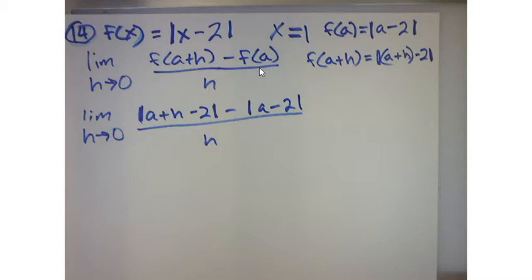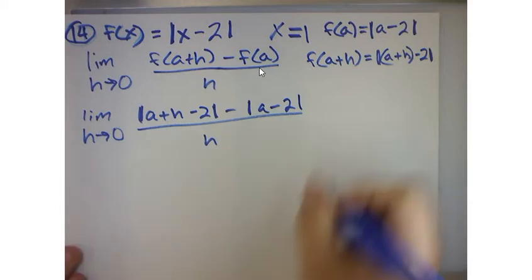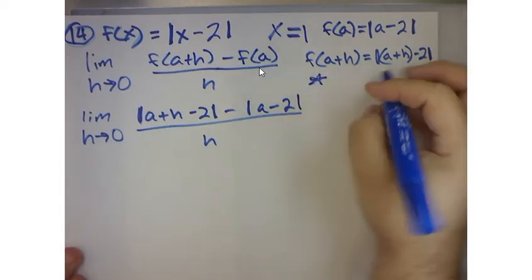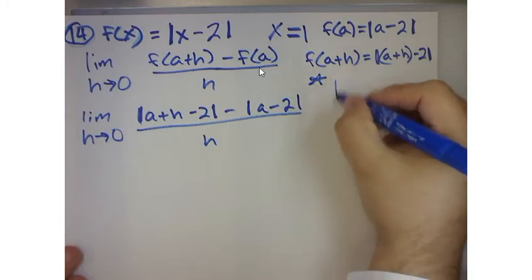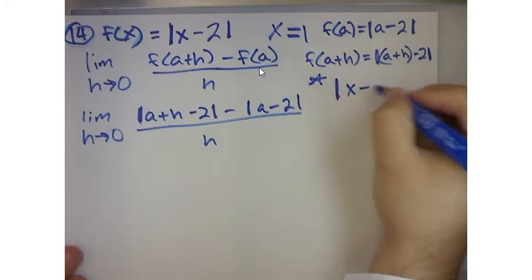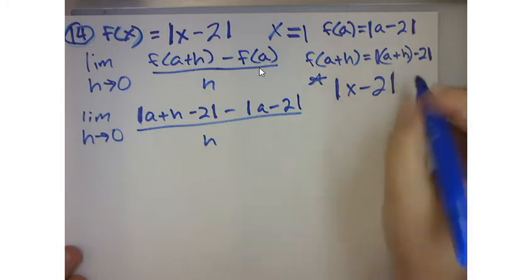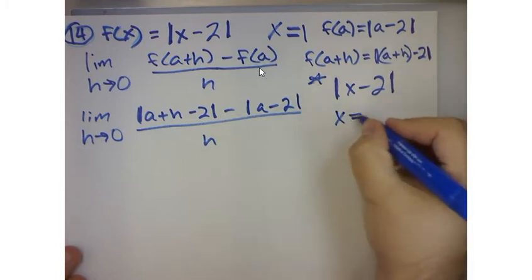Now, the question is, how do we cancel out some stuff? Here are some things that we have to think about. What is the absolute value of x minus 2 at x equals 1?